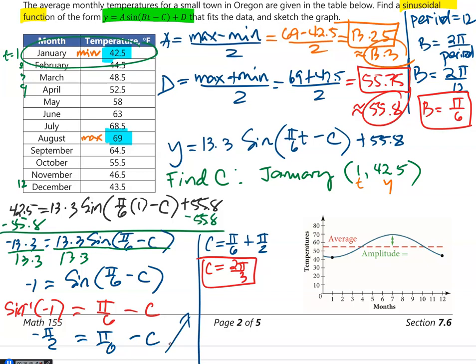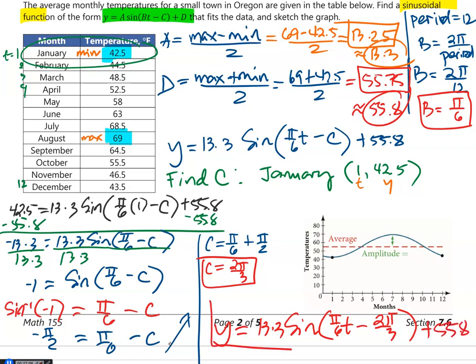We will be able to write our equation. So y is equal to 13.3 sine of pi over 6 t minus 2 pi over 3 plus 55.8. And this is the graph of that.